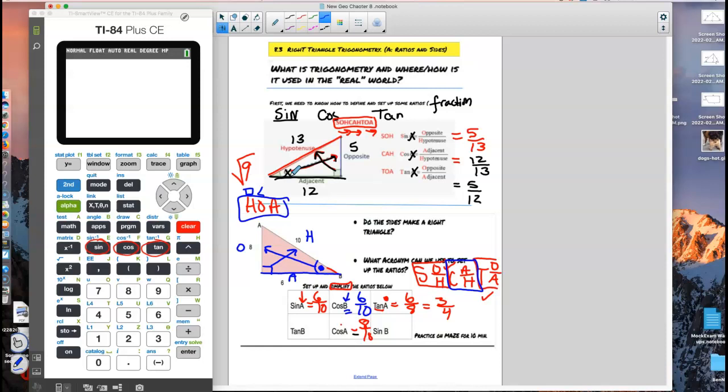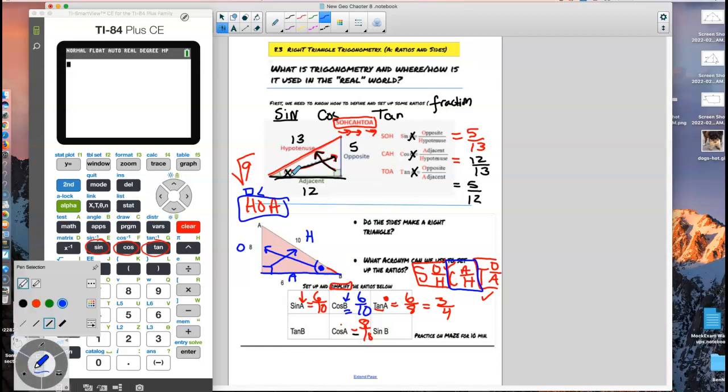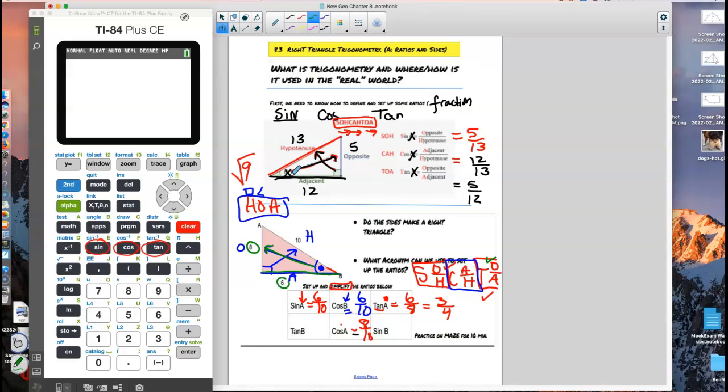Tangent of angle B means TOA, grab the opposite to angle B, that's the 8, over the adjacent to angle B, and that's the 6. It's just ratios of sides. So that would be opposite over adjacent, and we'd call that 4/3.